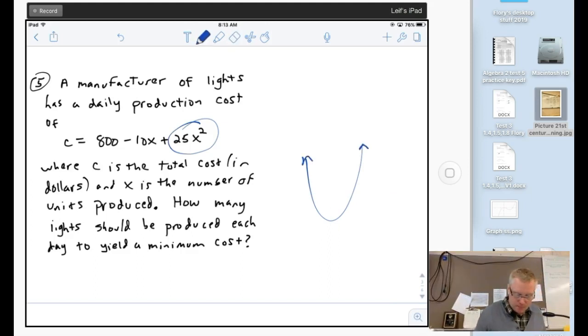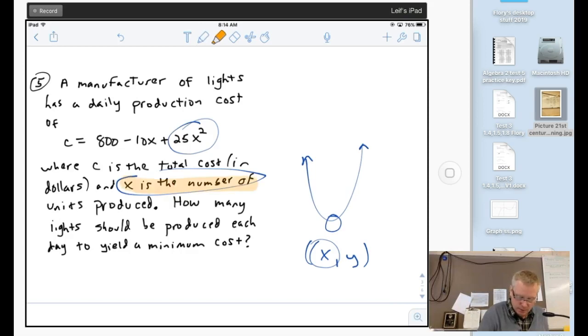Okay, which means I'm looking for the minimum cost, which will be down here, the vertex of the parabola once again. All right, and this is actually going to be the x value, because x is the number of units produced, and they want to know how many lights or units should be produced.